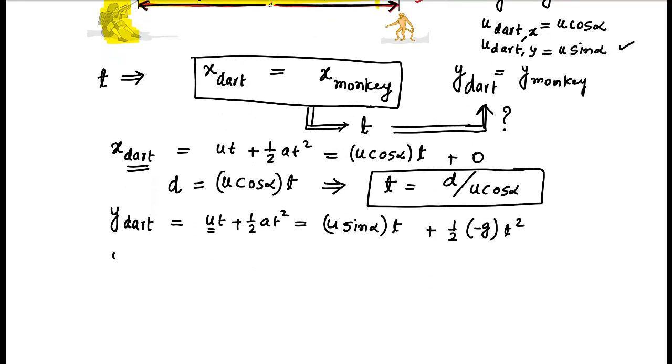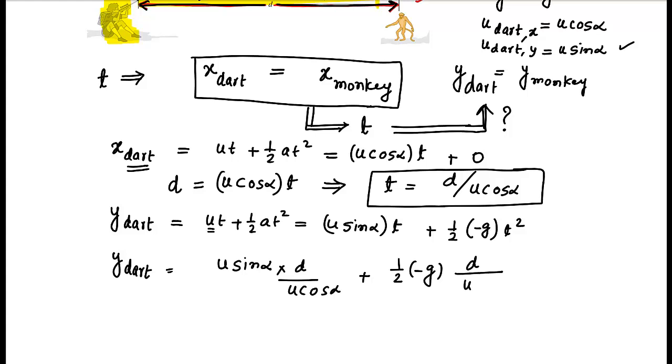So now I know y dart is equal to u sin alpha, and time I know, time is nothing but d divided by u cos alpha, plus half minus g, and time I can again put here, that is d by u cos alpha.